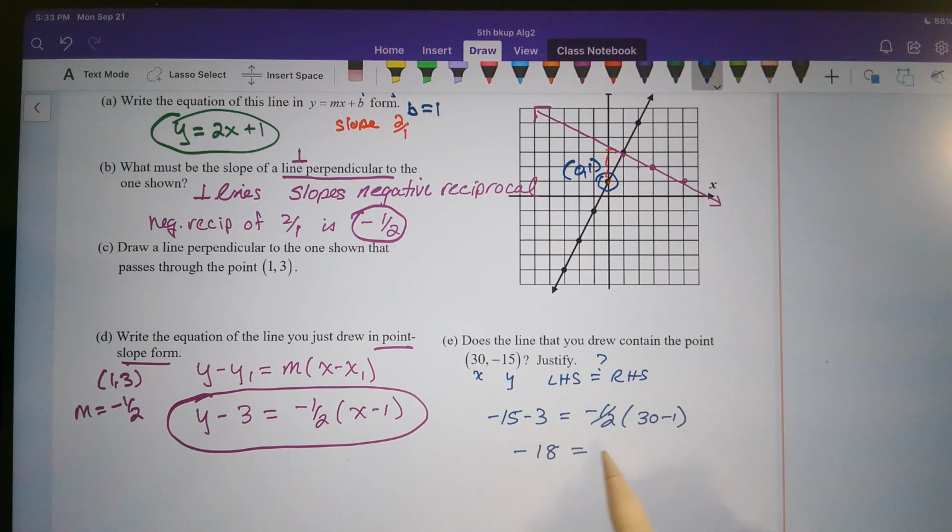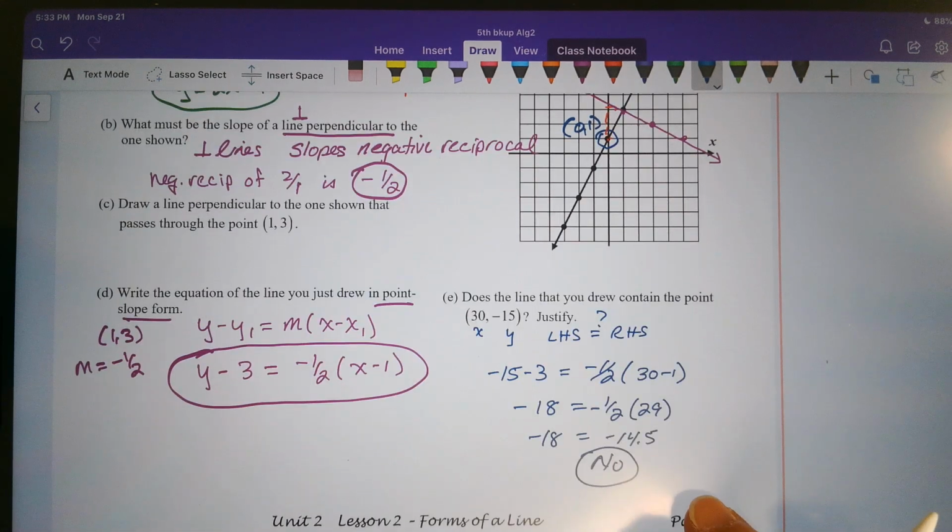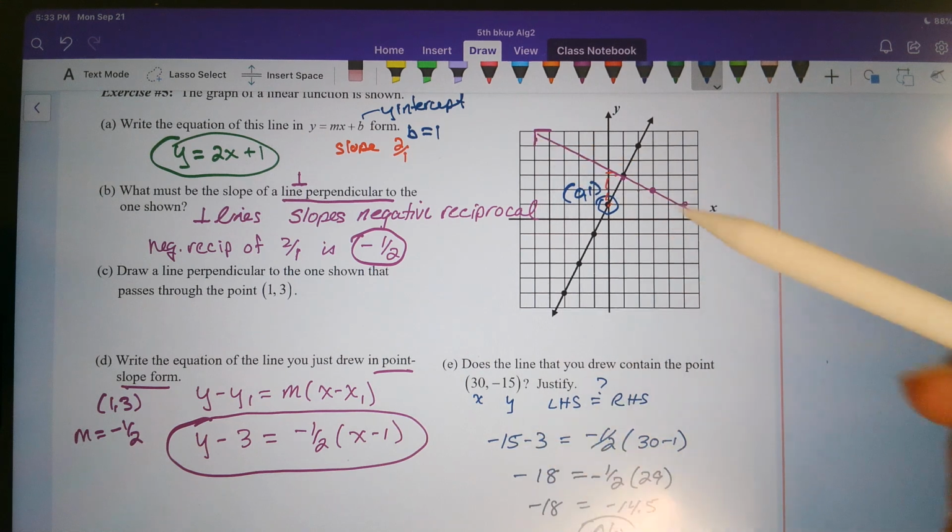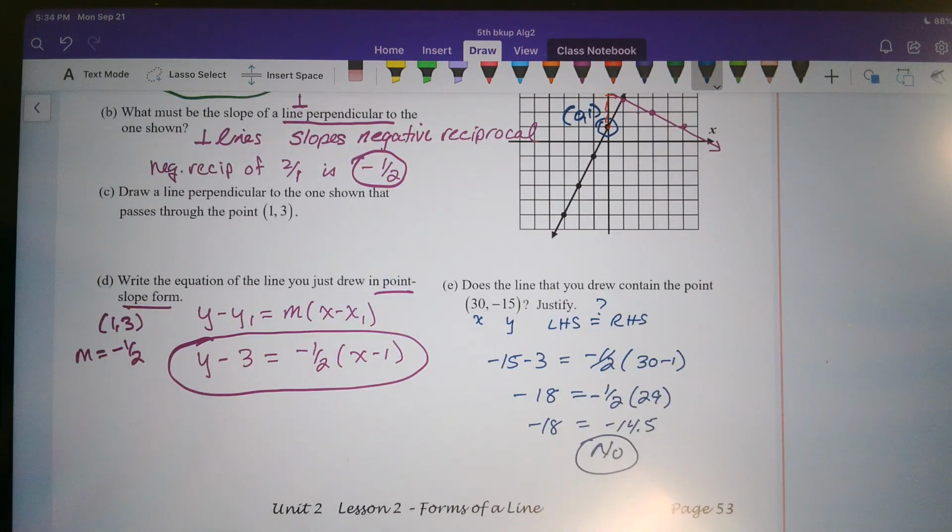That's -18. Does that equal -1/2 of 29? No. -18 does not equal -14.5. So our answer is no. To determine if this point lies on the line, we ask ourselves, does it satisfy the equation of our line? And it did not.